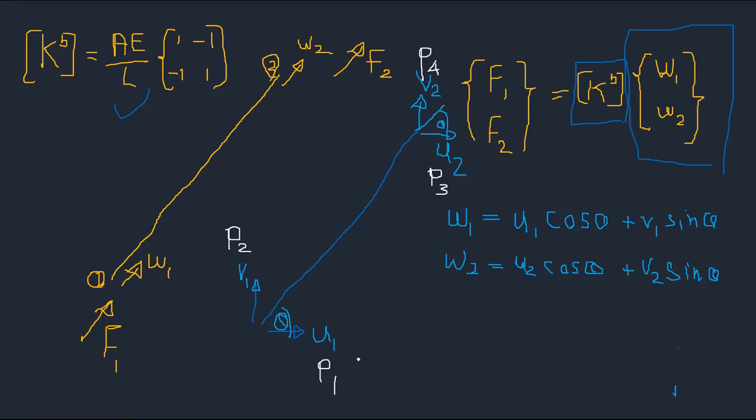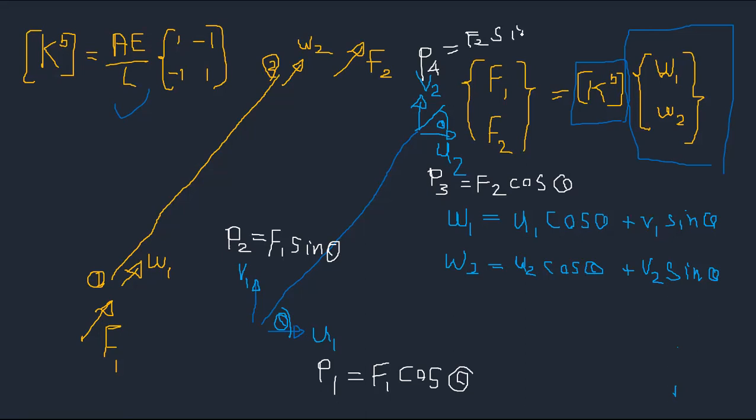I'll show you. So F1 into cos theta is P1. This is F1 cos theta. This is F1 sin theta. Likewise, you can write this is F2 cos theta. This is F2 sin theta, right?